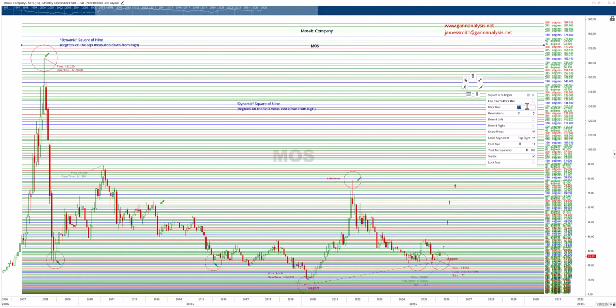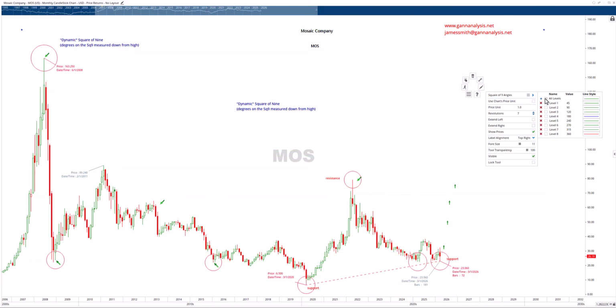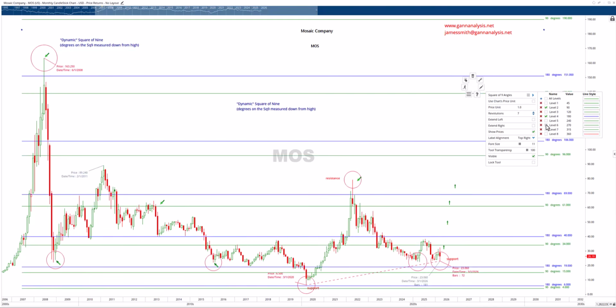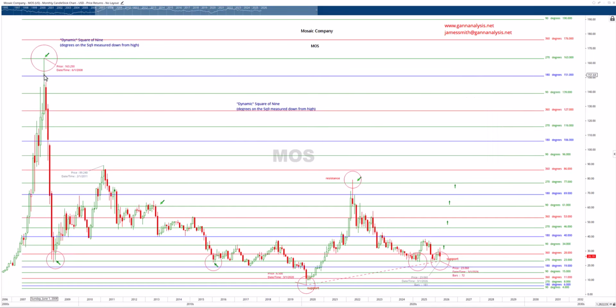It's 0.1, it should be 1.0, and then I don't want that many indications, so I'm going to go with 90, 180, 270, 360.